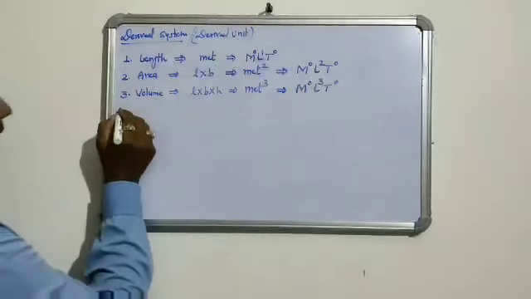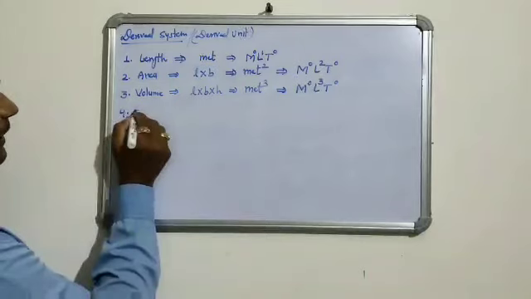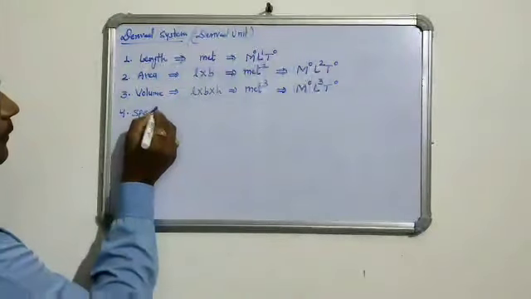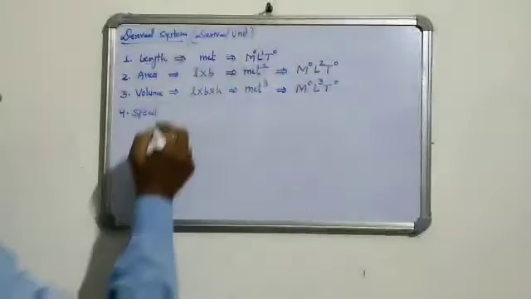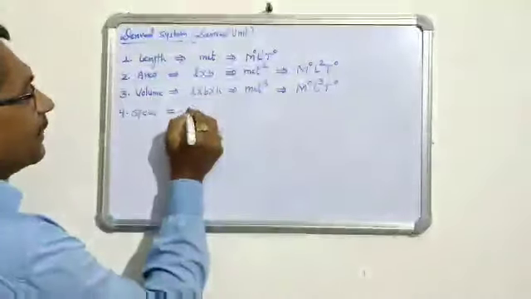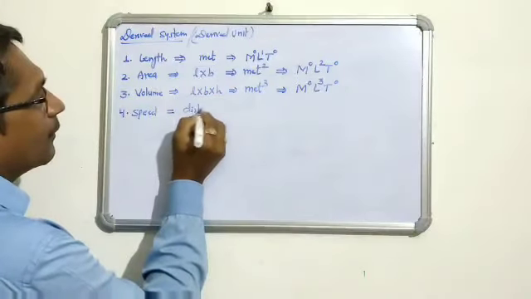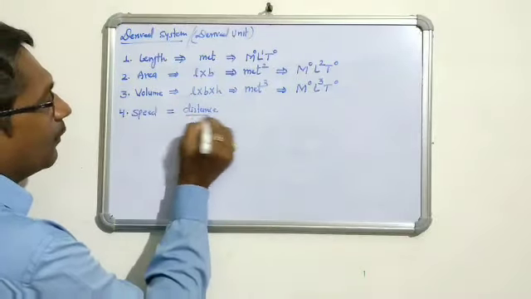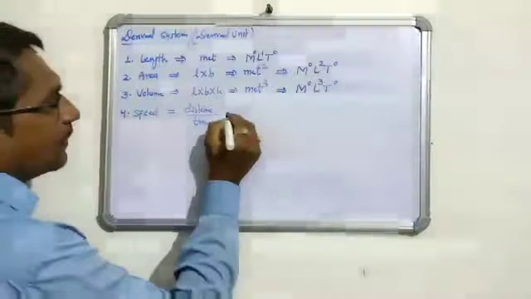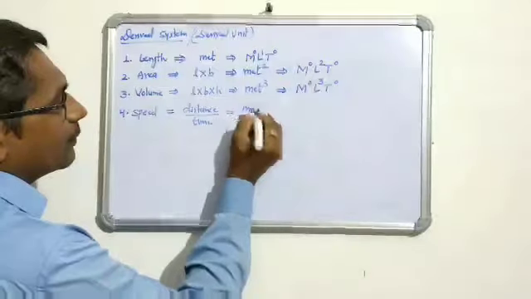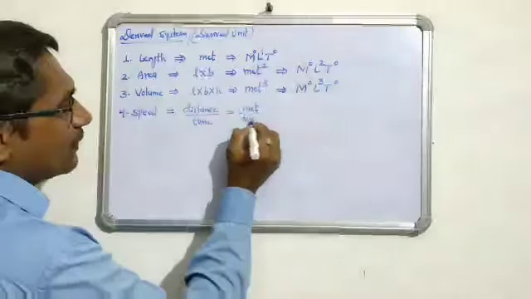Now the fourth example is speed or velocity. Speed is the magnitude of velocity. Magnitude means its value. The formula of speed is distance upon time. Here distance is a fundamental quantity measured in meter and time in second.